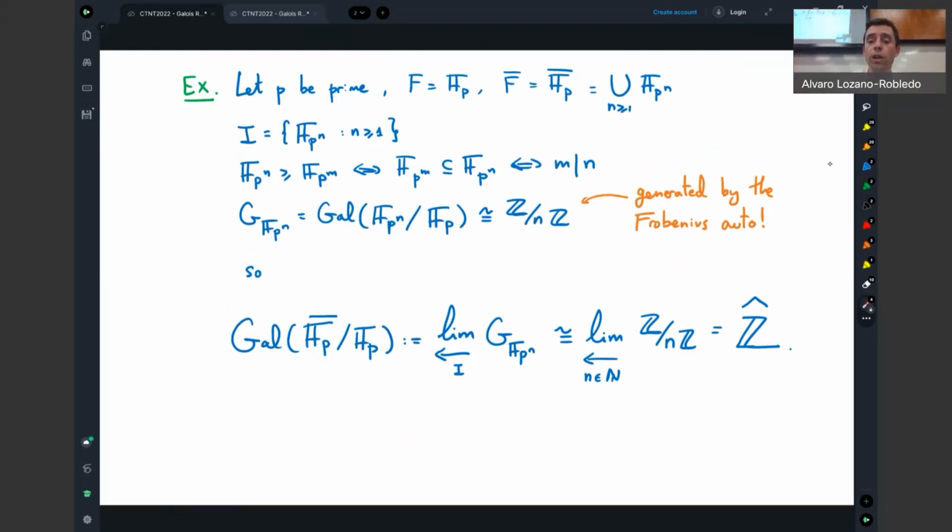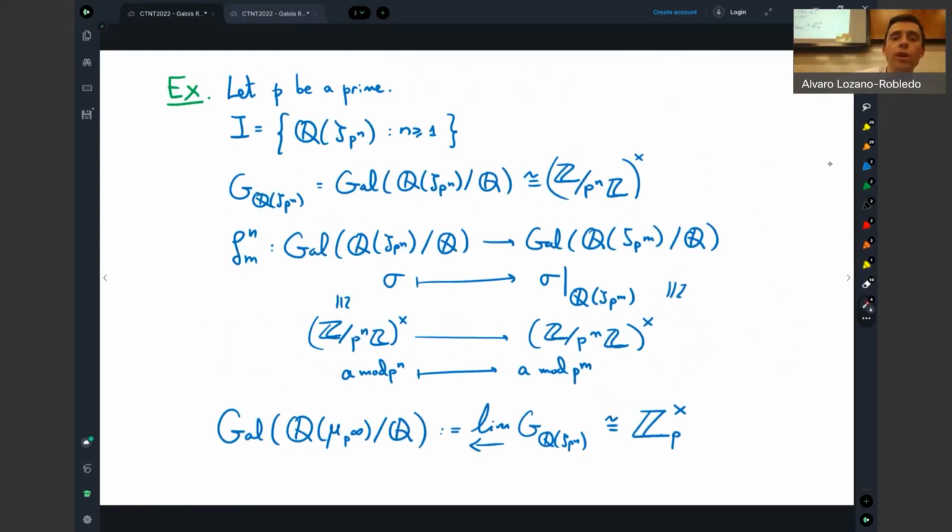We know the structure of this group: it is the inverse limit of Z mod nZ, which is what we call Z hat. So the Galois group of Fp bar over Fp is Z hat as a profinite group. Okay, very good. One more example.